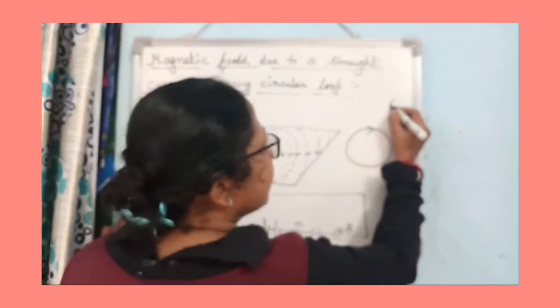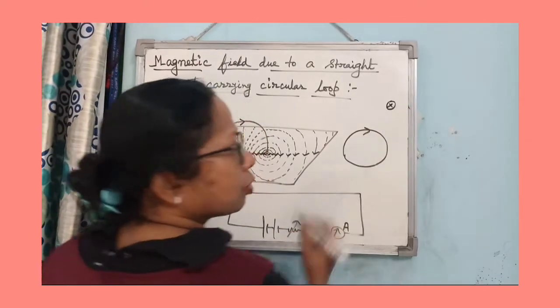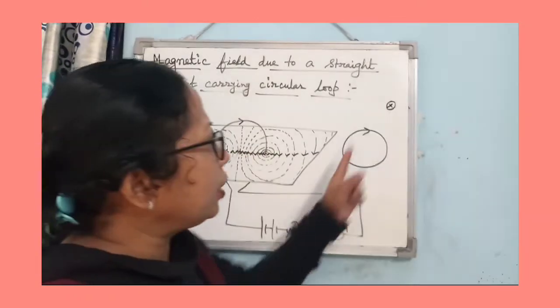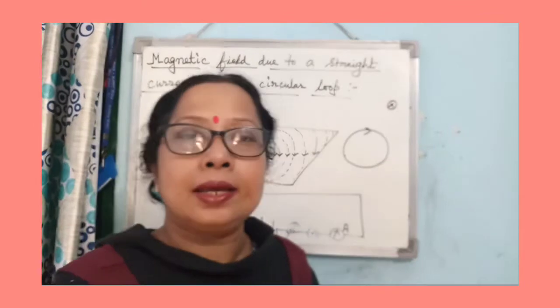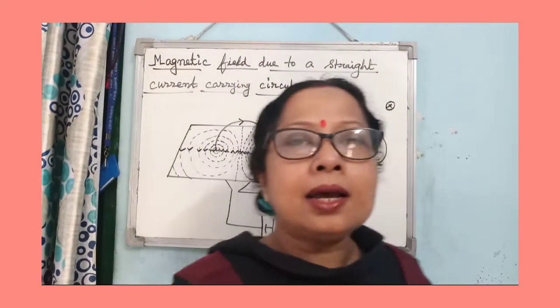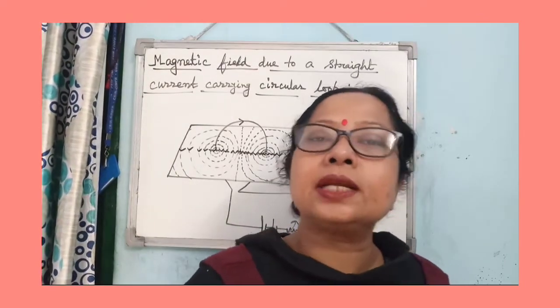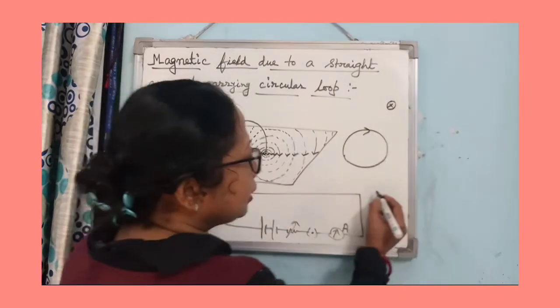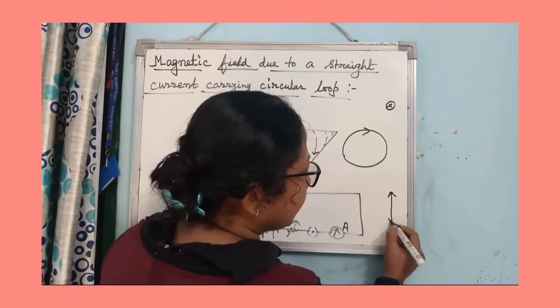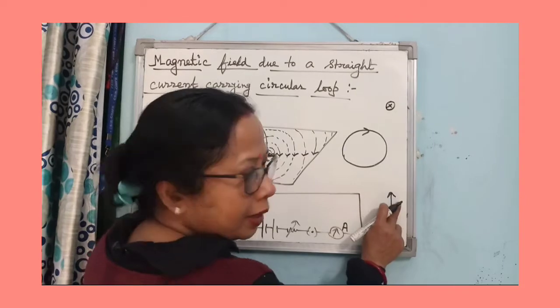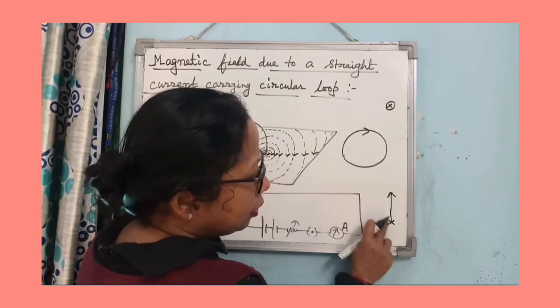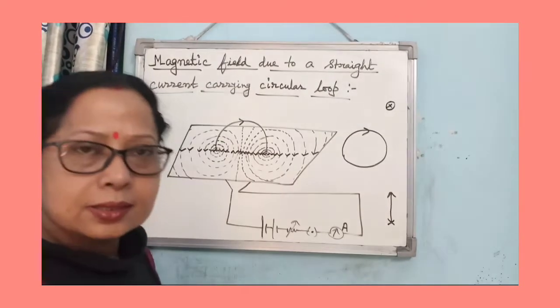And the inward direction we represent by a cross. Why? Because we generally represent direction by a vector, and a vector is nothing but an arrow. In an arrow, this is the pointed end, and at the tail end of the arrow there is a cross-like structure like this, isn't it?